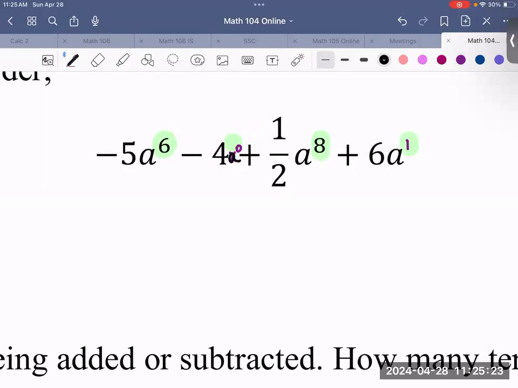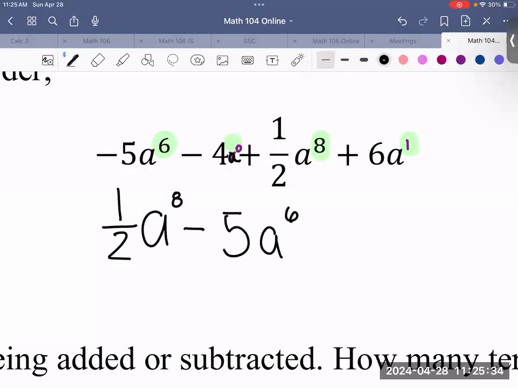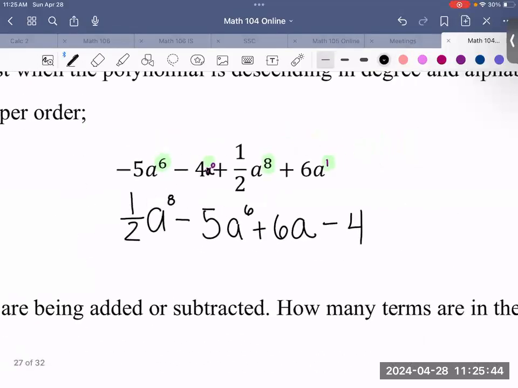So if we are trying to work in descending order, we're going from highest to lowest. So 8, then we have 6, and then we have your 1, and then your constant at the end. So leading coefficient is now what?